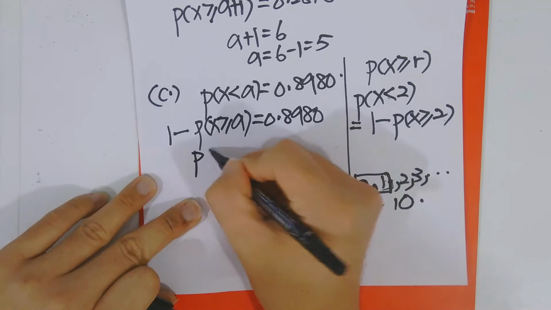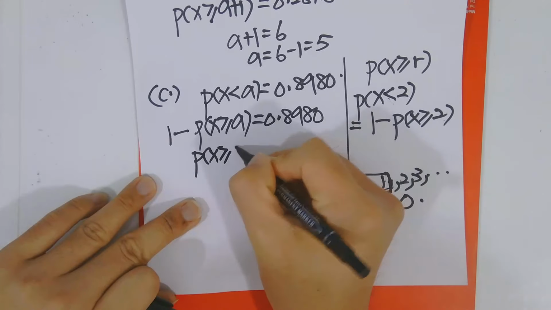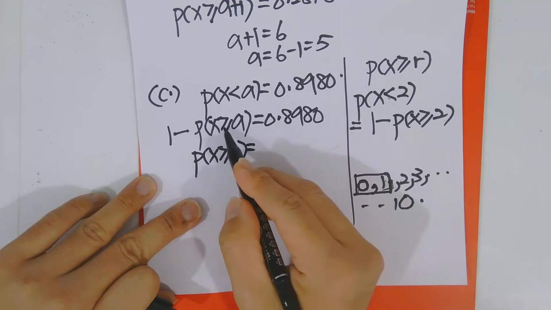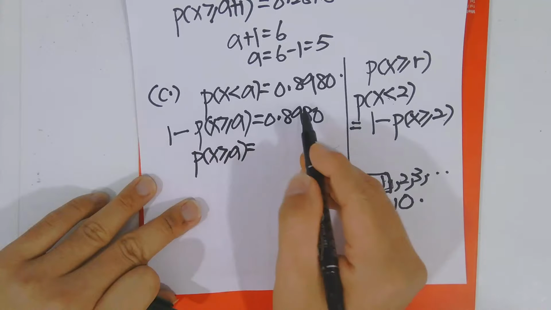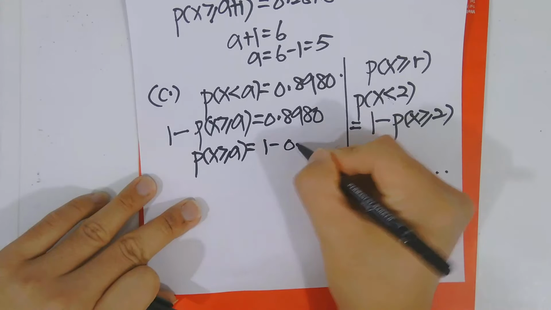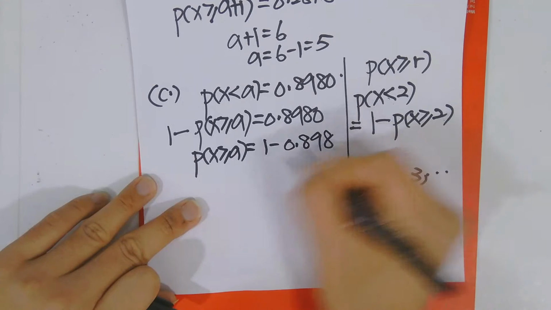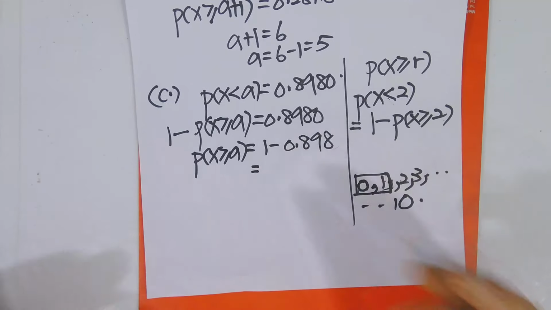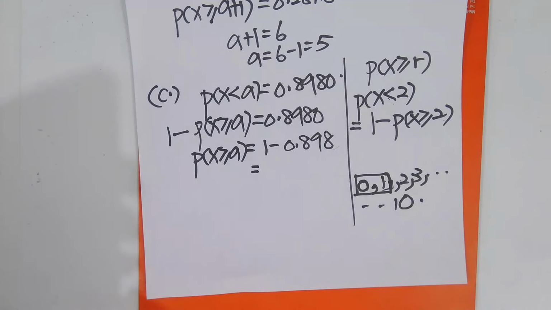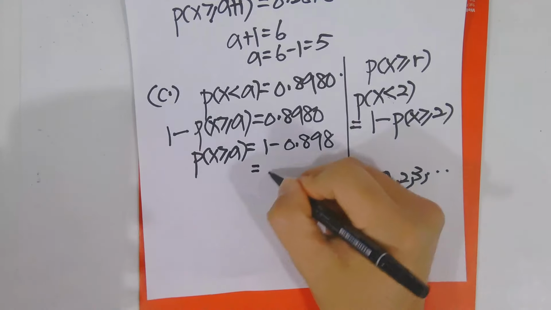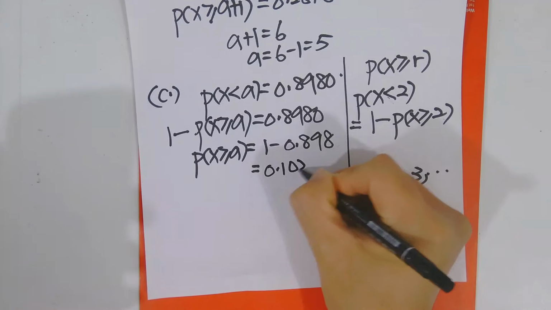Later on, I have Px greater or equal A. This one moves to the other side, and 1 minus 0.898. Then find the value. So you have 1 minus 0.898, which will be 0.102.